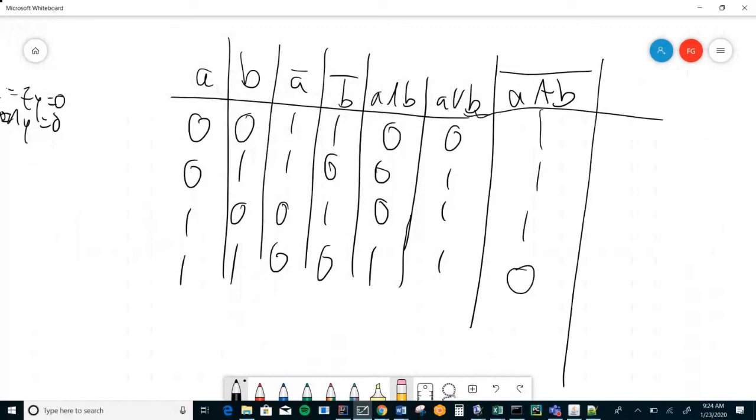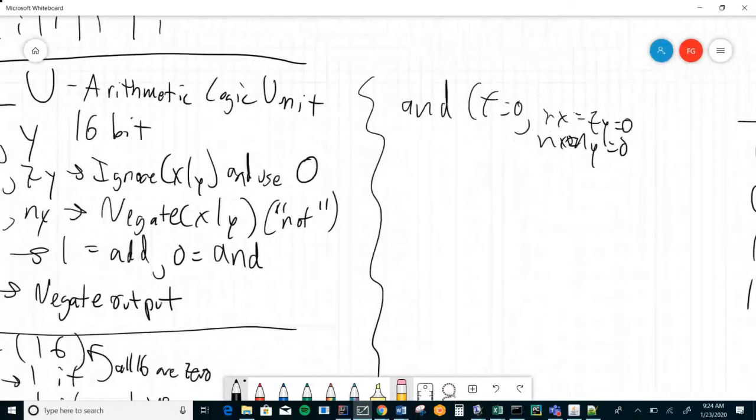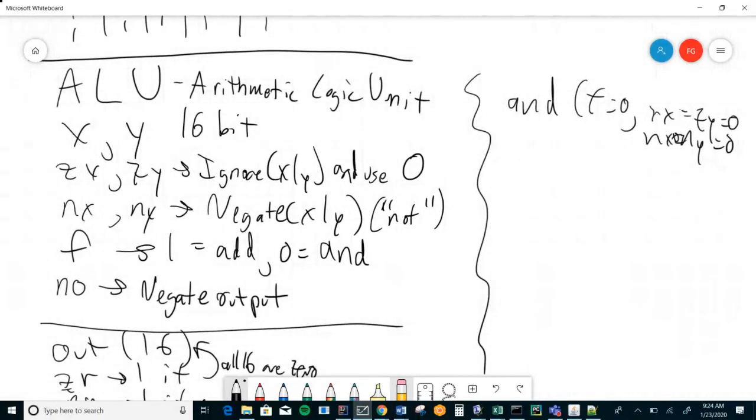My goal now is to think about how I can rearrange things so that I get a 0 up here and a 1 down there. That's where some of these other input bits come in handy. Notice I can negate the output. Somehow this must be an ingredient, because that gets me from 3 zeros and a 1 to 3 ones and a 0.